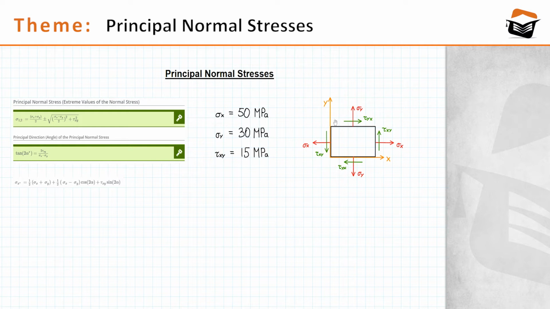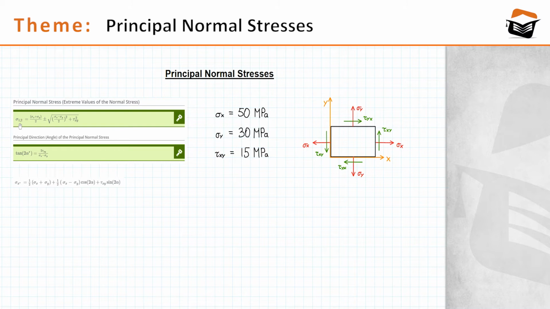We have a body that is subjected to normal stress sigma x and normal stress sigma y, as well as the shear stresses indicated on the sketch. The formula that we need to use to calculate the principal normal stresses is here.